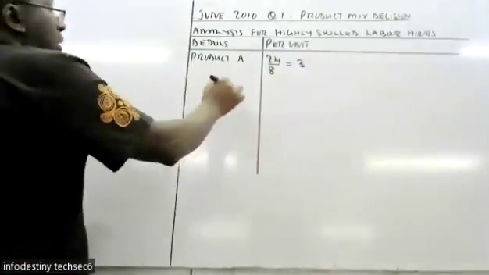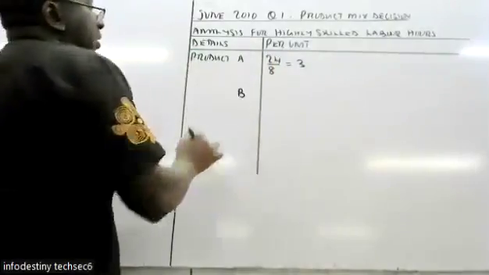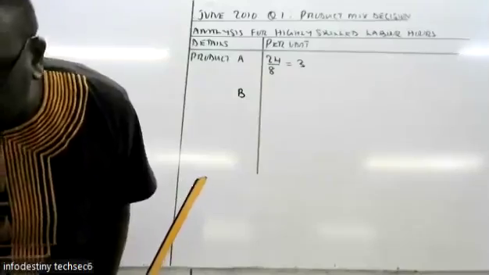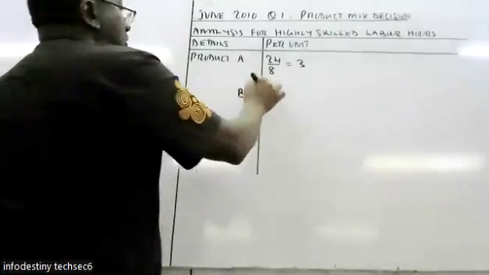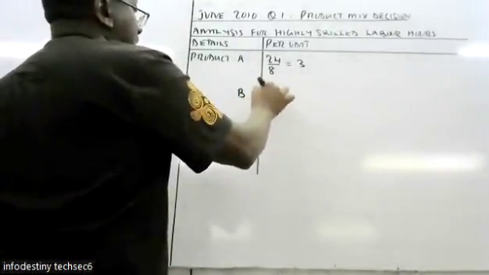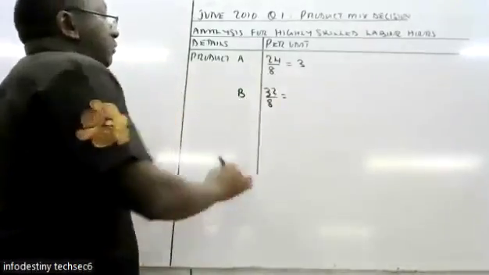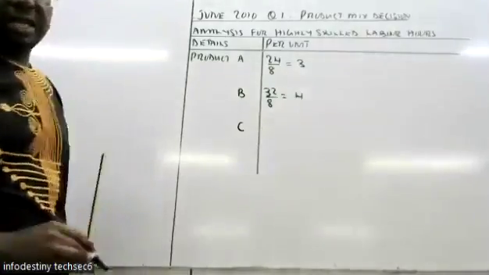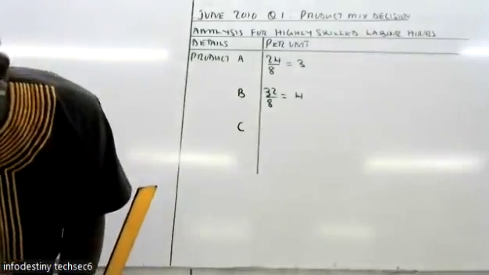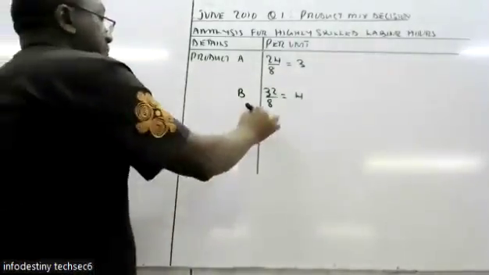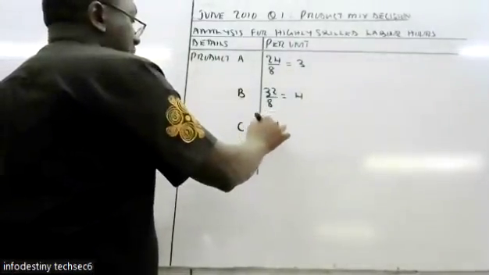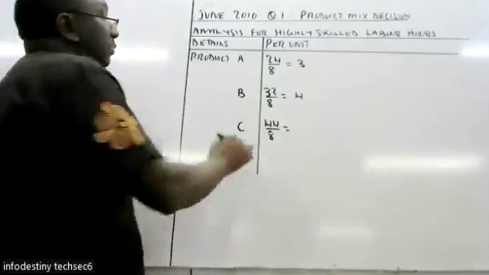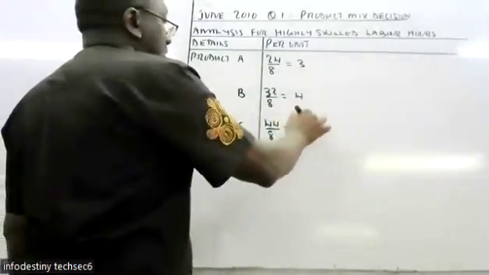When we come to product B, installation is 32, so 32 divided by 8 is 4. When we come to product C, we have 44. You divide by 8. 5.5.